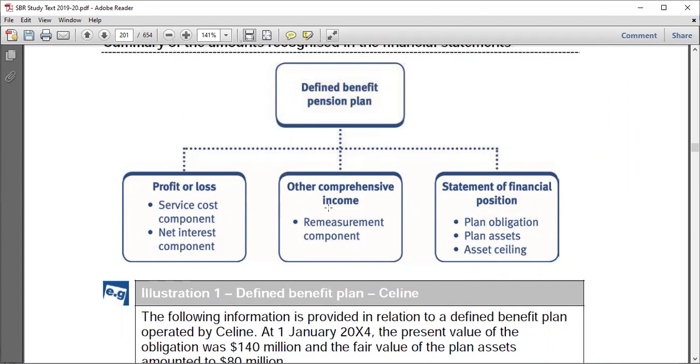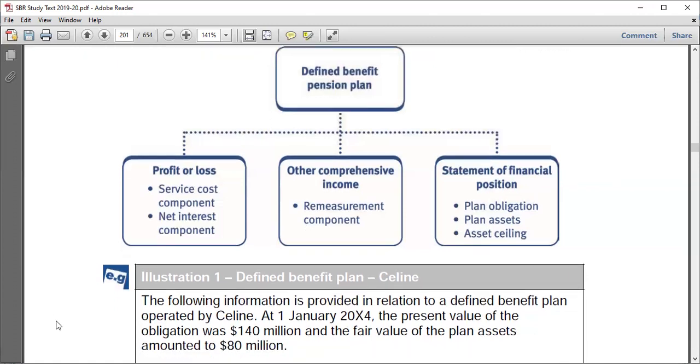Other comprehensive income would have the remeasurement component, the remeasurement gain or loss, sometimes called the actuarial gain. And for the statement of financial position, we would have the plan obligation, plan asset, and asset ceiling. We are actually going to see this. It's a new concept, the asset ceiling. As for now, just proceed as I told you. Okay.